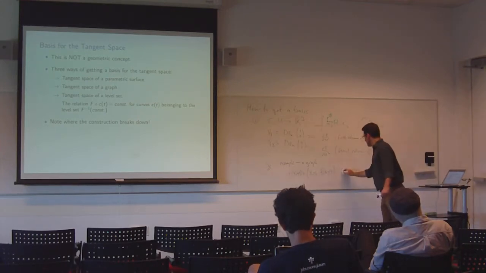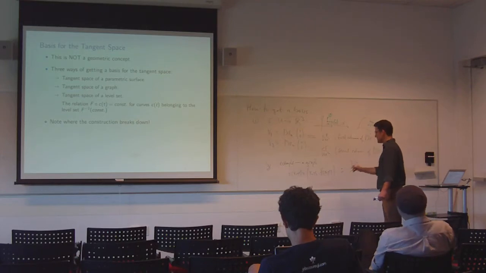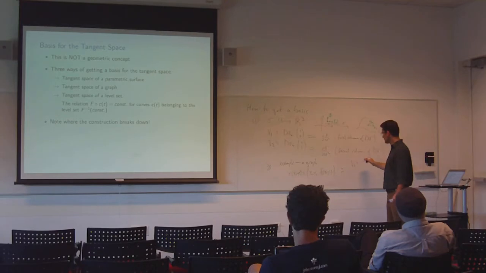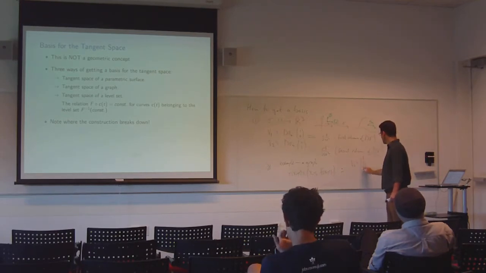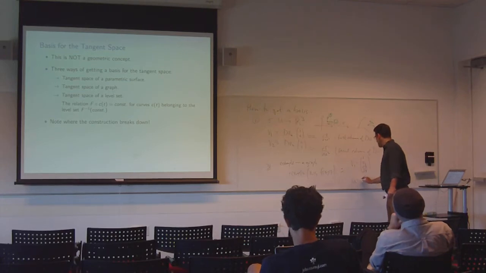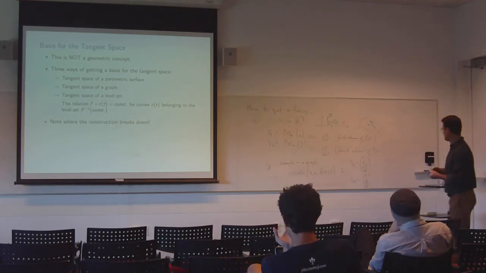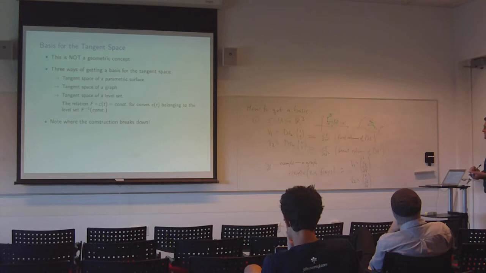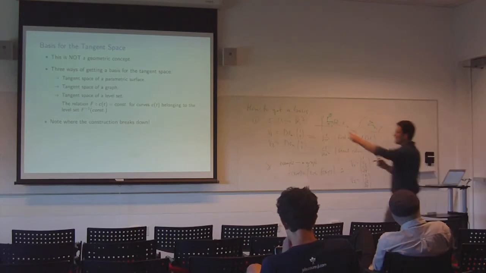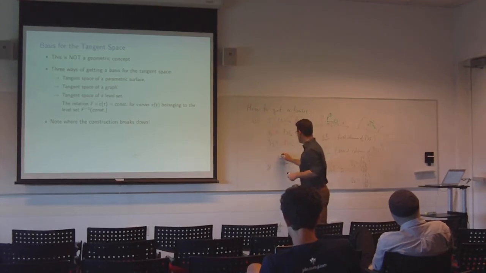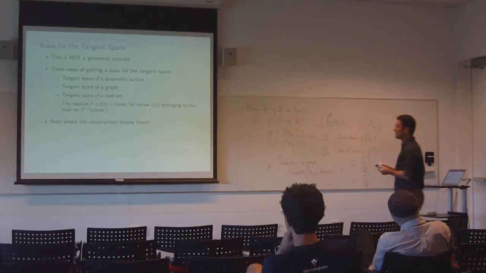So in this case, my V1 is I take the derivatives in x of this function, so I get (1, 0, df/dx), and I get V2 equals (0, 1, df/dy). There's my example. So just do this construction there, and I guess that covers my second example.